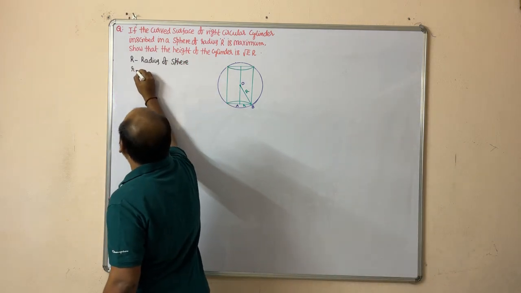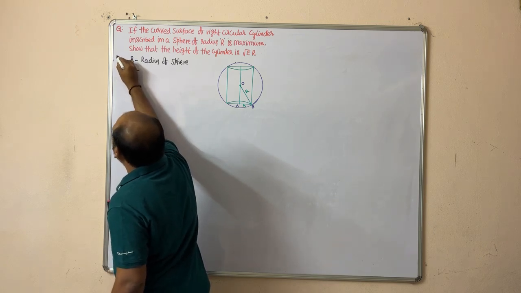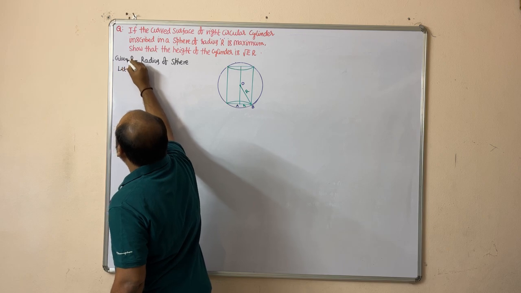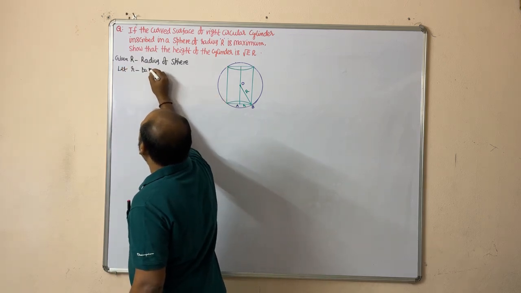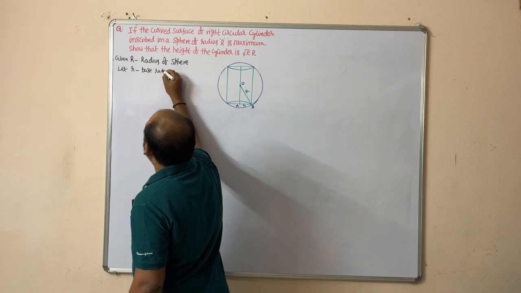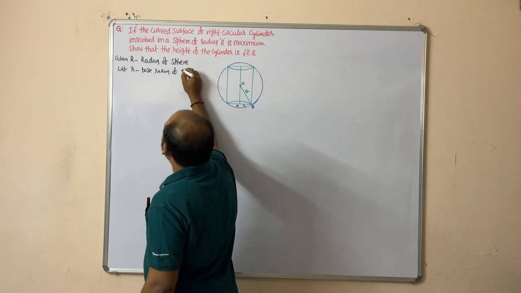Next, small r is equal to the base radius of the cylinder.